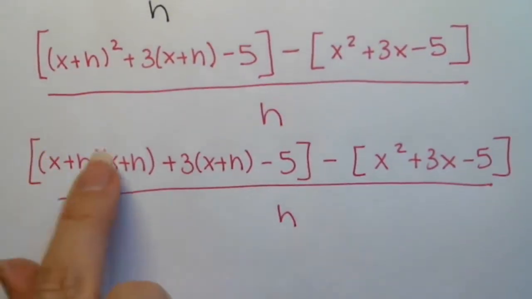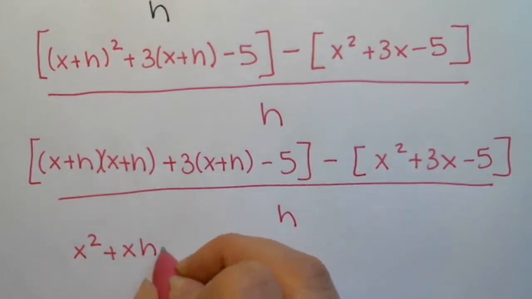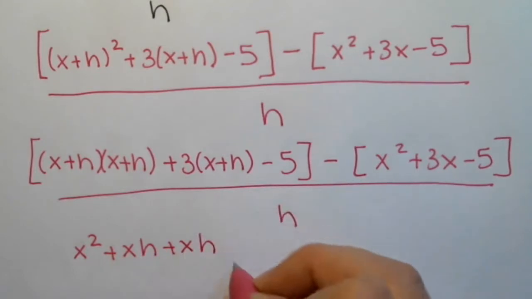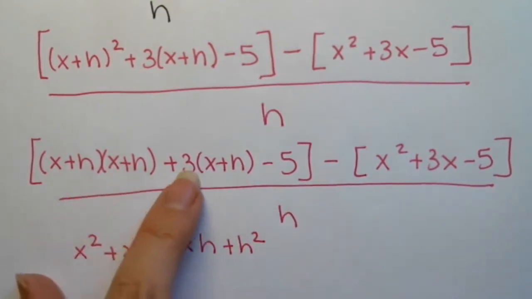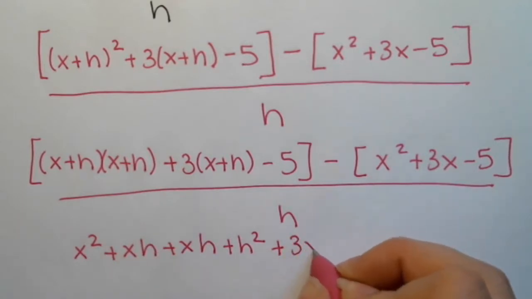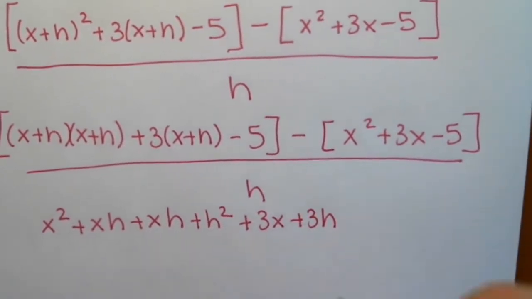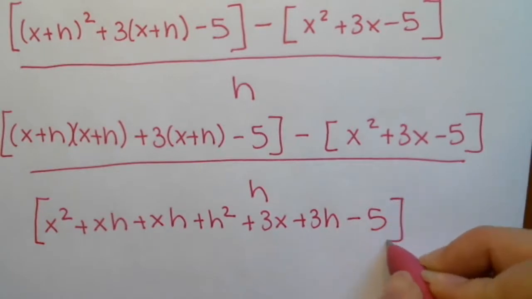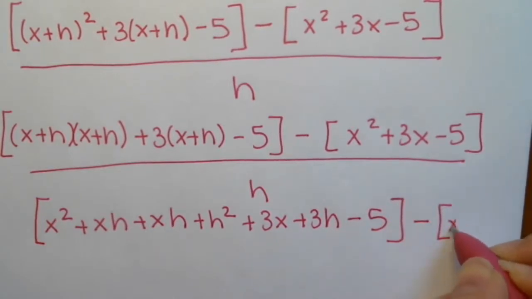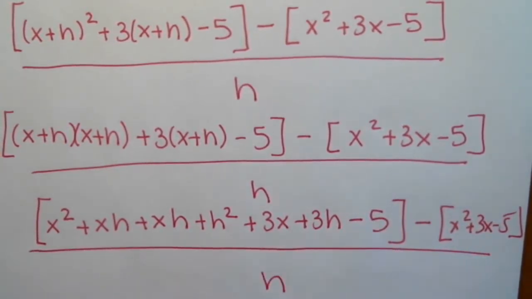So here I'm going to get x squared plus xh plus xh plus h squared, from multiplying this out. Now here I get 3x plus 3h, and then I still have that minus 5. Then I have minus (x squared plus 3x minus 5) over h.